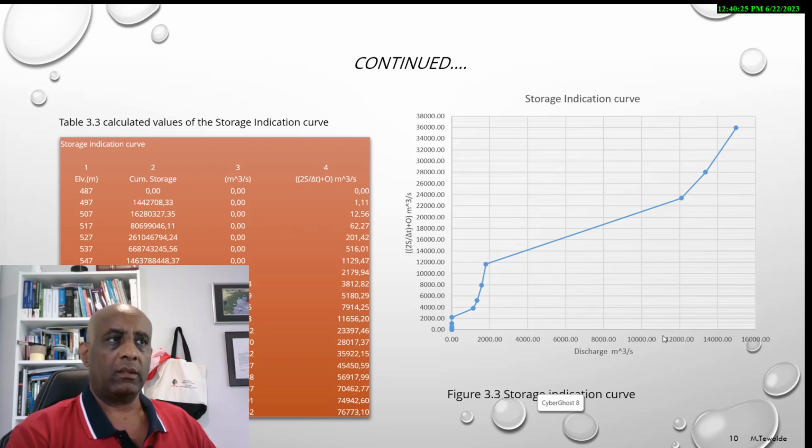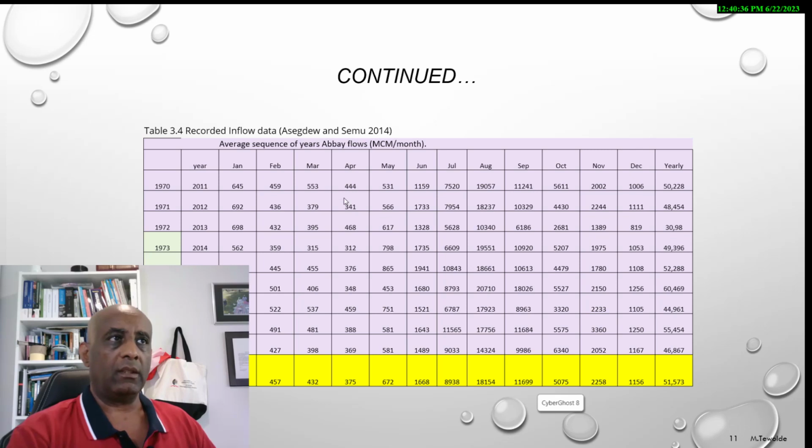So that is it. These are the calculated values of the storage indication curve. And this is the storage indication curve. This is the data obtained from people I know.